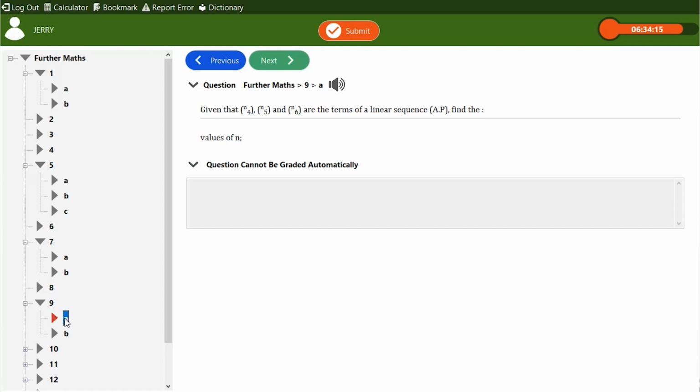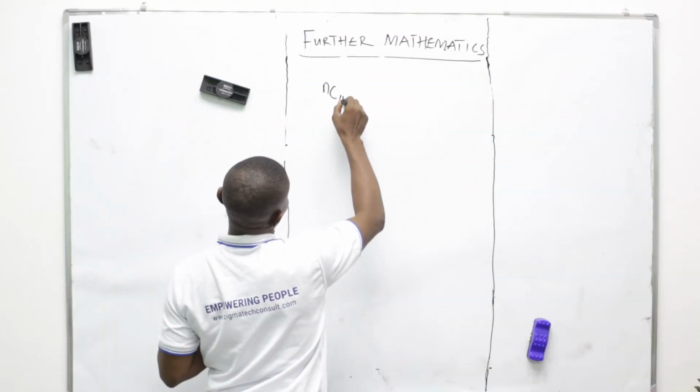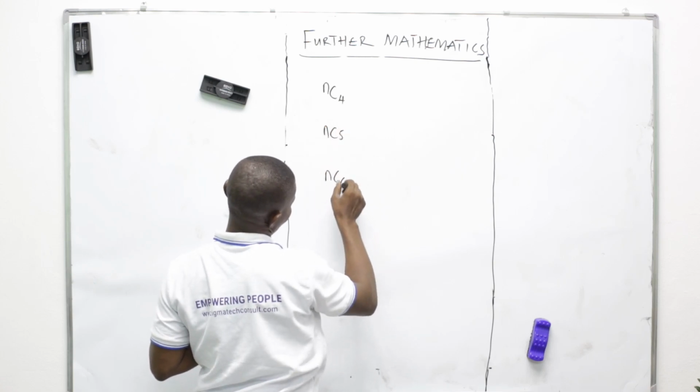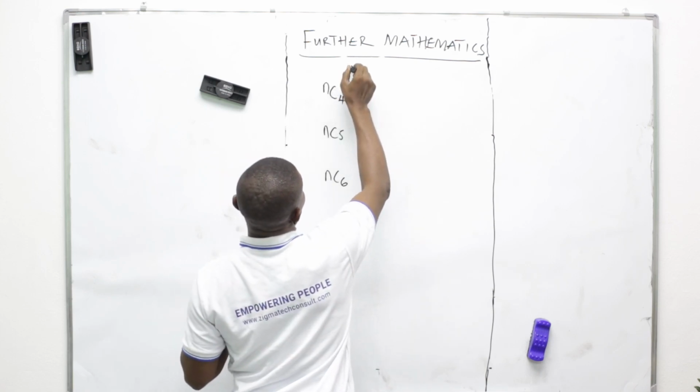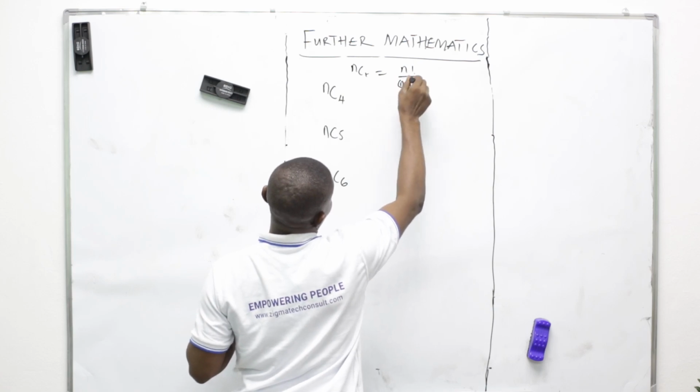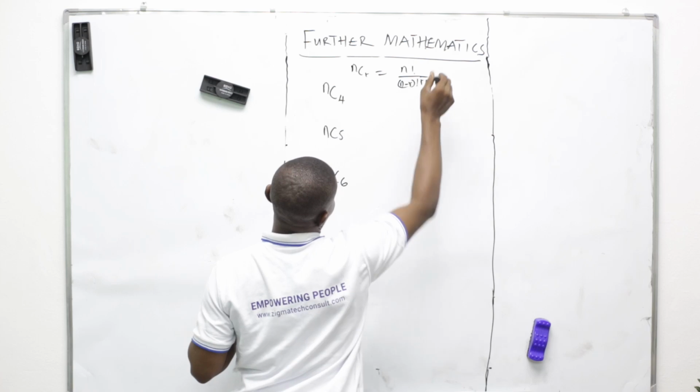Given that n combination 4, n combination 5, and n combination 6 are the terms of a linear sequence AP, find the value of n. Recall that n combination r equals n factorial all over n minus r factorial into r factorial.